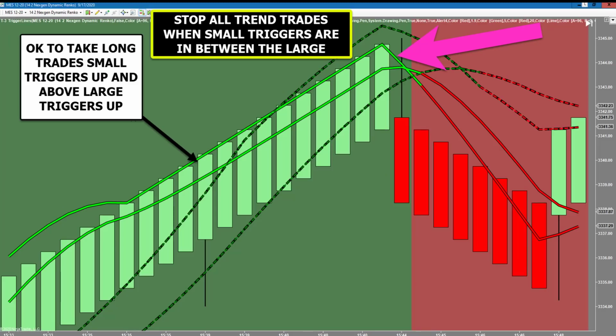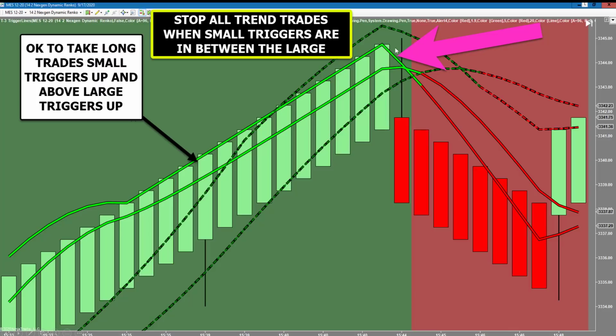Once you get going, you're going to see two things happen. You're going to be in a situation where it's okay to take long trades if you have areas on your charts, and it's going to eventually have the triggers inside. Now we use a couple of terms for this.